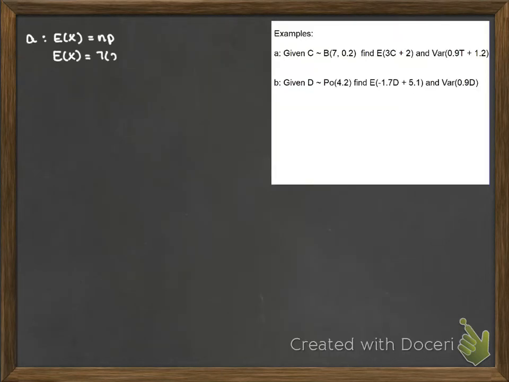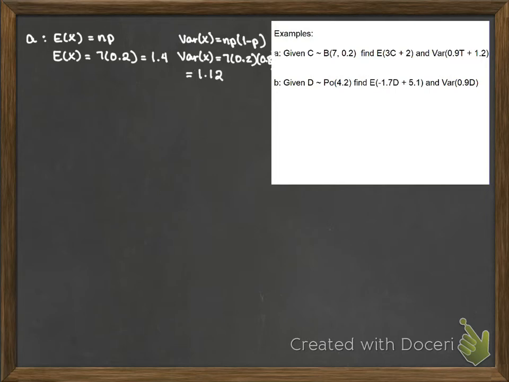For this new example, we are given a binomial distribution. So remember, our expected value for binomial is n times p. So 7 times 0.2. For our variance, it is n times p times 1 minus p. So our variance for that binomial distribution is 1.12.